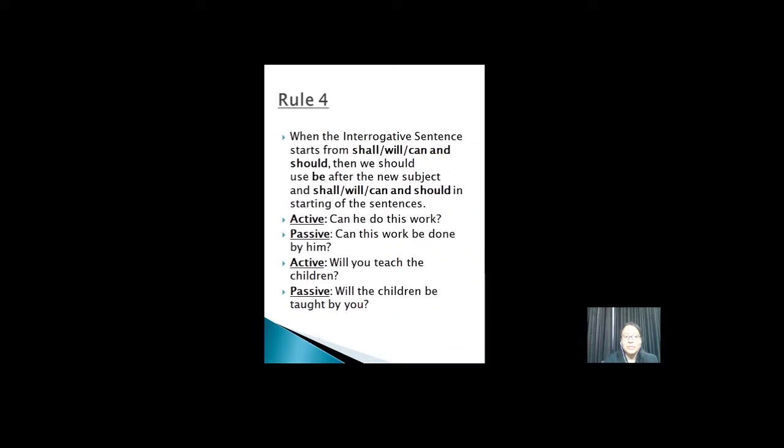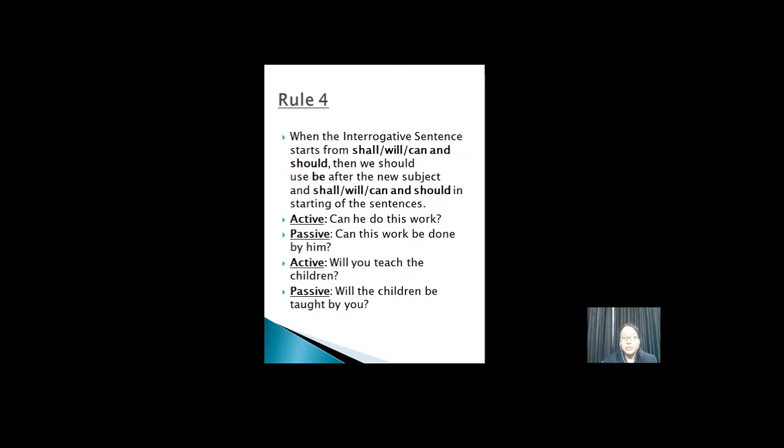So next we have rule 4. In rule 4 we have covered future tense interrogative. When the interrogative sentence starts with shall, will, can and should, with future plus modals given, then we should use be after the new subject, with shall, will, can and should at the start of the sentence.